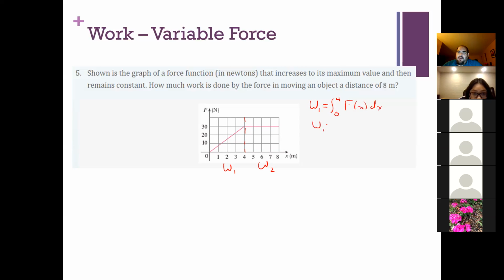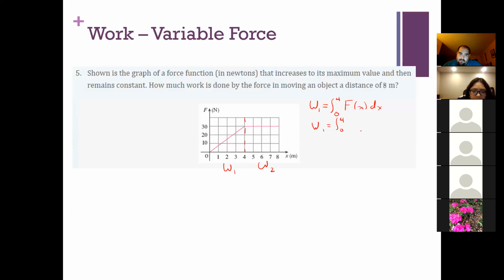So now we need to represent that straight line in terms of x. What's a good equation for that straight line from x equals 0 to x equals 4?